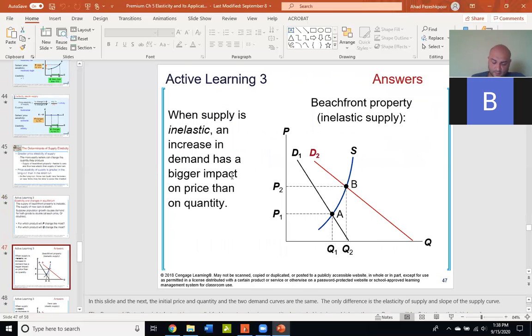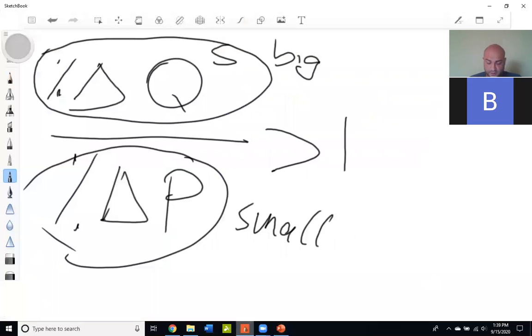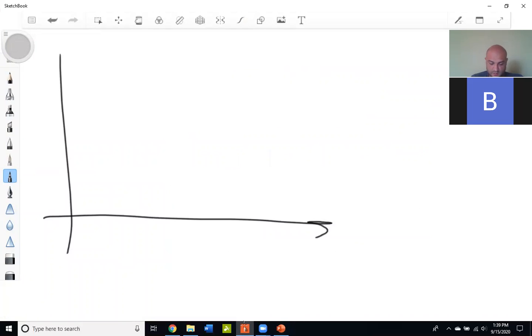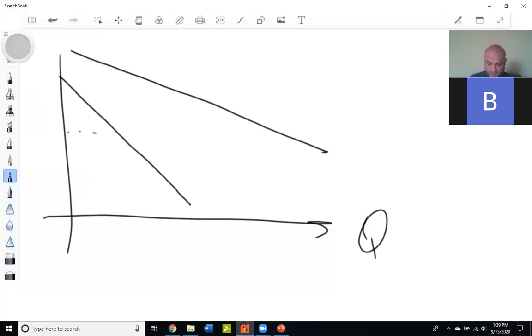Let's look at this example. First, beachfront property. This is quantity, this is price. Now, our demand, let's assume it doubled.